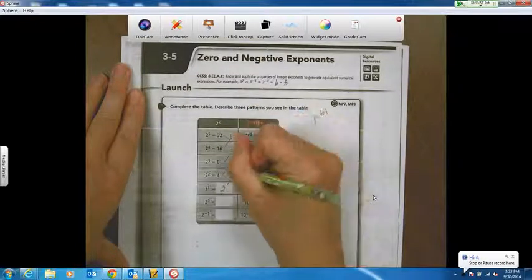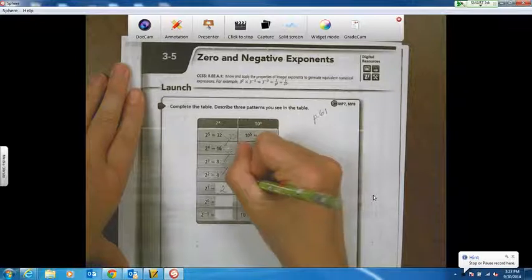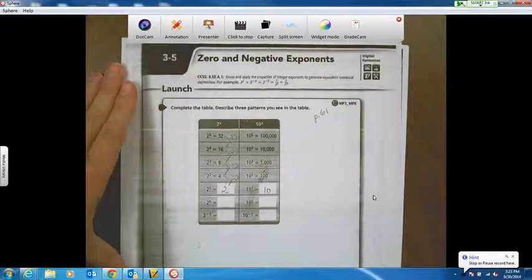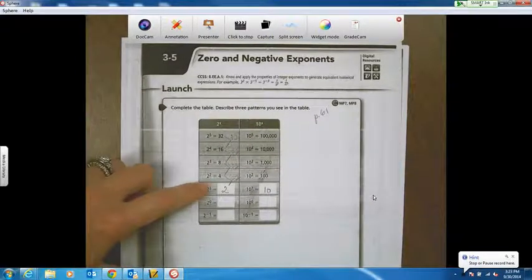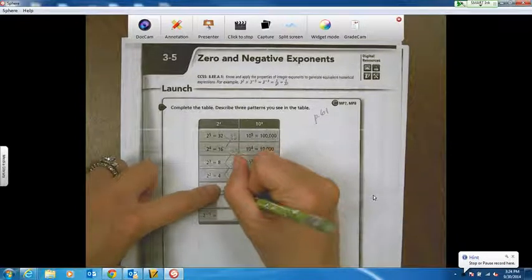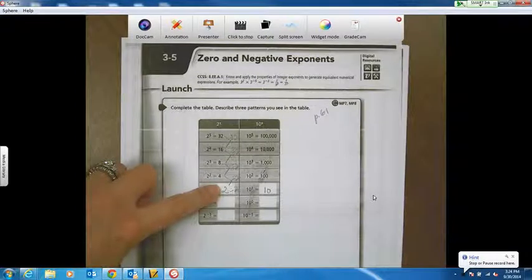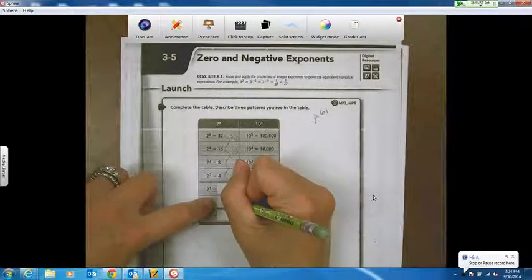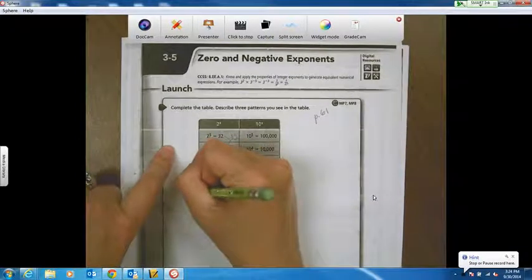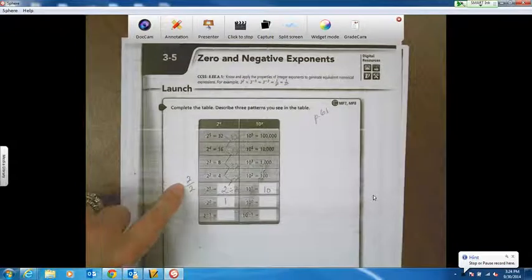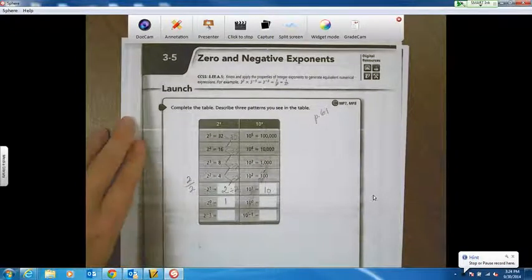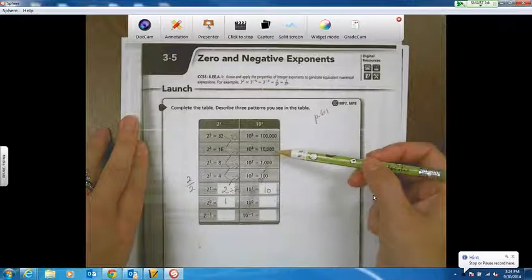All the way down, this is divided by 2. So when I get to this number, if I take 2 and divide it by 2, 2 divided by 2 is 1 whole. I talked to you guys about that throughout this chapter: 2 over 2 gives me 1 whole.